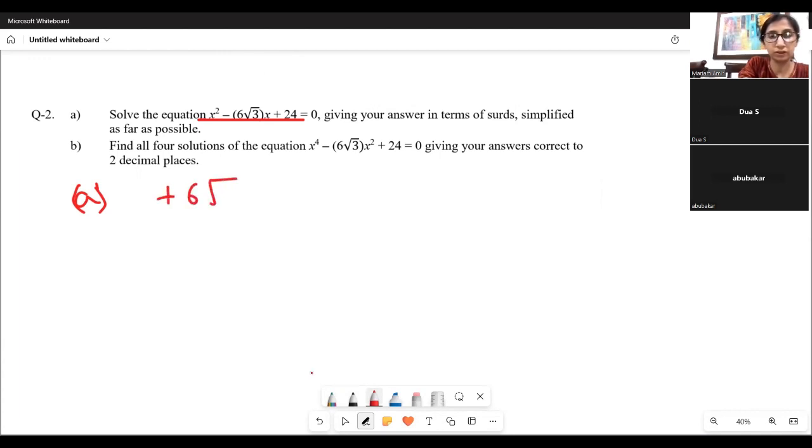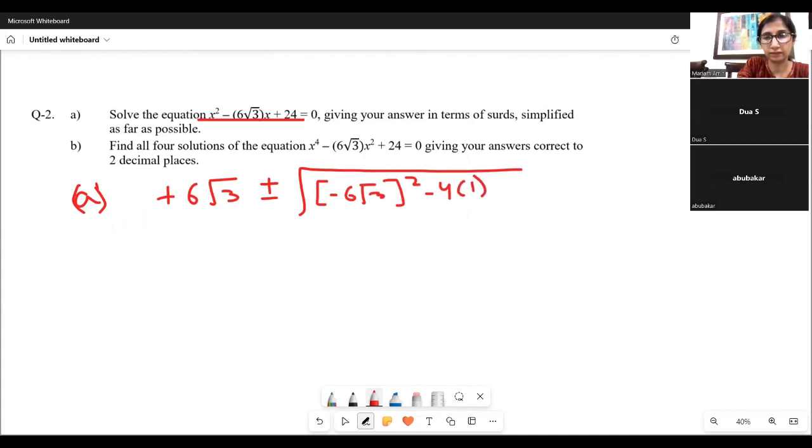6 under root 3 equals minus b plus minus square root of b square. So square of minus 6 under root 3 minus 4ac upon 2a.